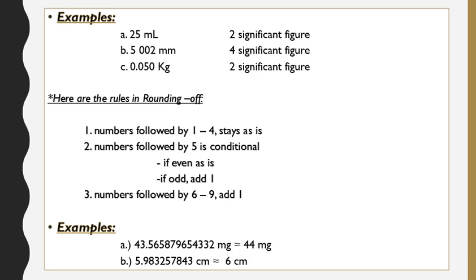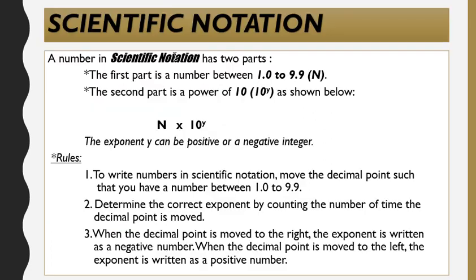So next, aside from determining significant figures, we also have what we call scientific notation. Scientific notation is a number which has two parts.